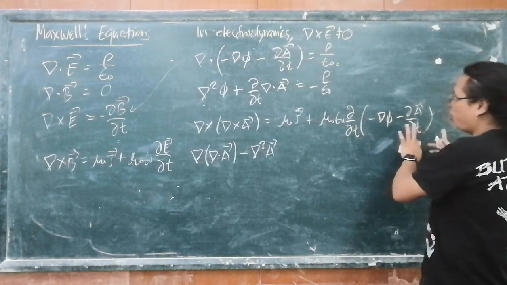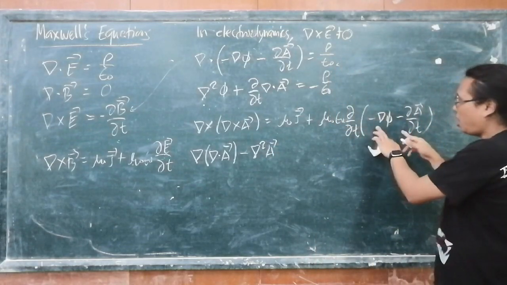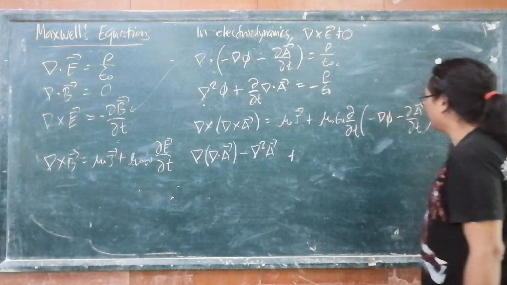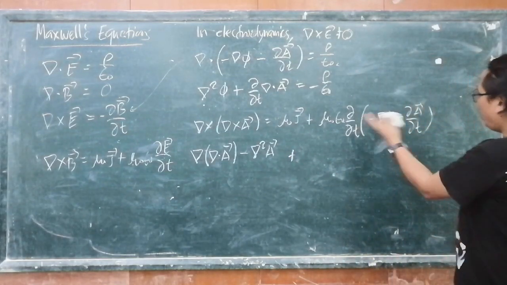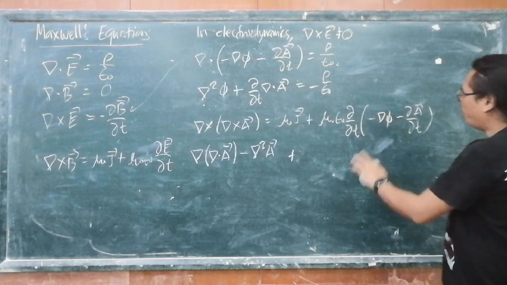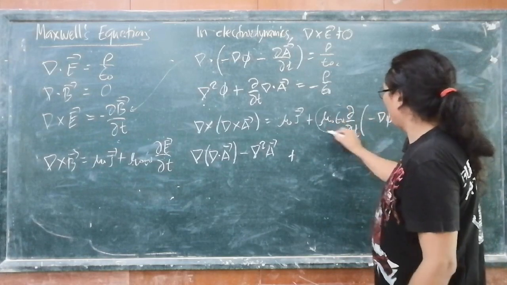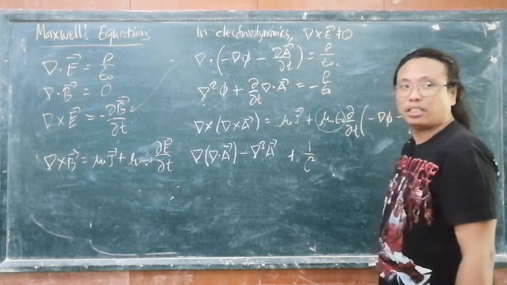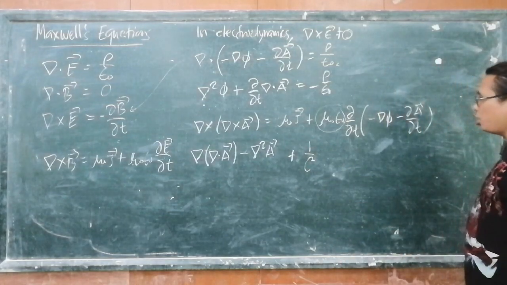Okay? Now, let's move this one to the other side so it becomes a plus, no? So, plus what? And then, we interchange this one here, and then let's use this as 1 over c squared, right? To simplify the notation.